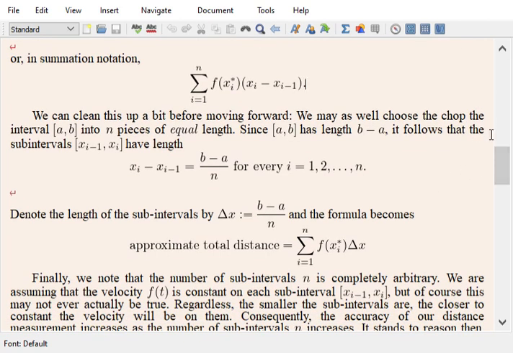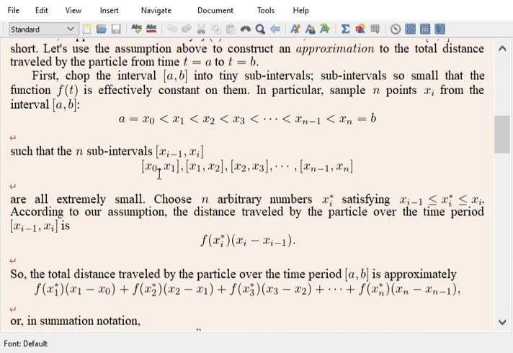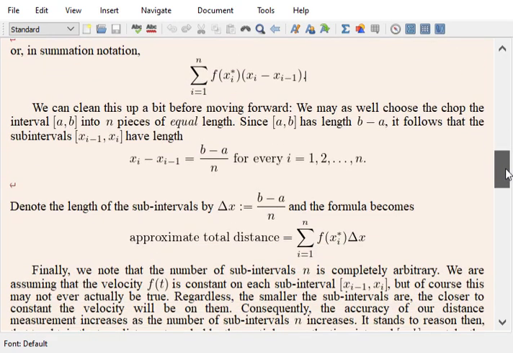Okay, so we have an approximation of the total distance traveled by the particle, but let's clean this up a little bit. We may as well choose to chop the interval into n pieces of equal length. Let's choose these subintervals to all be of equal length. May as well make things easier for us.